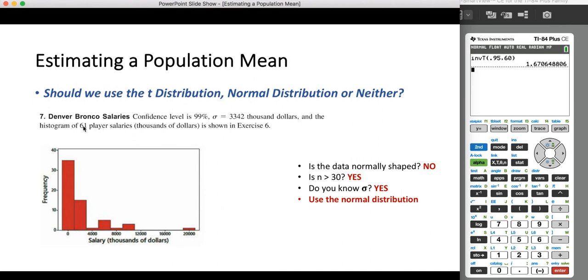And we have 61 player salaries. Is the data normally shaped? No. Is n greater than 30? Yes. Because one of these two conditions is met, we can construct a confidence interval. But since we know sigma, we're not using the t distribution, we'll be using the normal distribution.